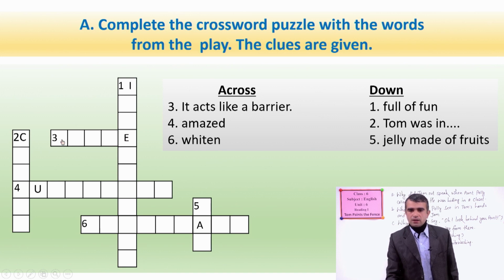So you should write the word that contains 1, 2, 3, 4, 5 letters beginning from number 3, and that word is the word that acts like a barrier. What is the word you read in the drama? That is what represents the meaning: it acts like a barrier.